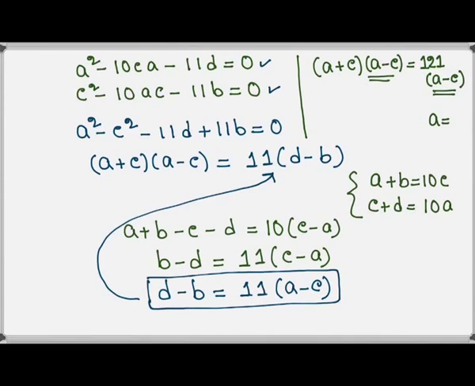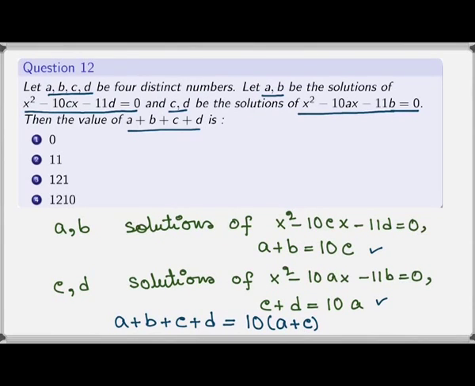So a is not equal to c and therefore a minus c is not equal to 0. So we get from here that a plus c is equal to 121 and hence we have a plus b plus c plus d is equal to 10 into a plus c is equal to 10 into 121. So therefore we have here the fourth option is the correct one.